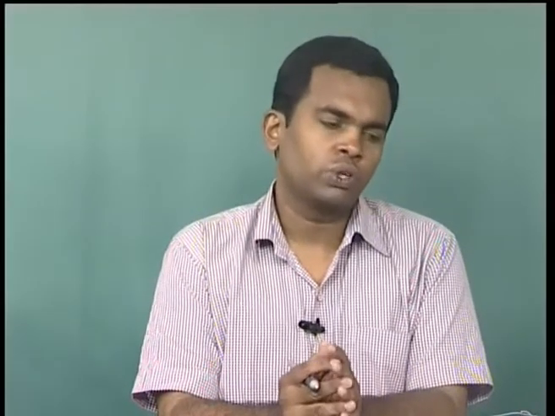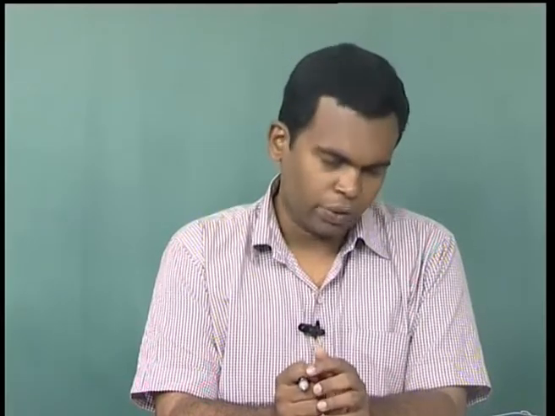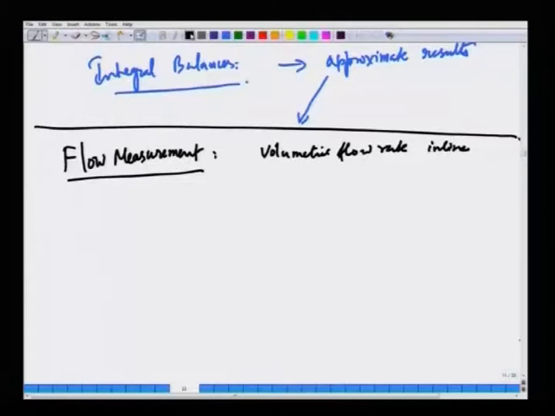But suppose you are interested in finding the fluid flow rate into a reactor which is completely closed to you and it is not accessible for you to collect the volume. So, you need some indirect methods wherein you can infer the velocity or flow rate through measurement of the pressure drop. Such flow meters are called restriction flow meters.